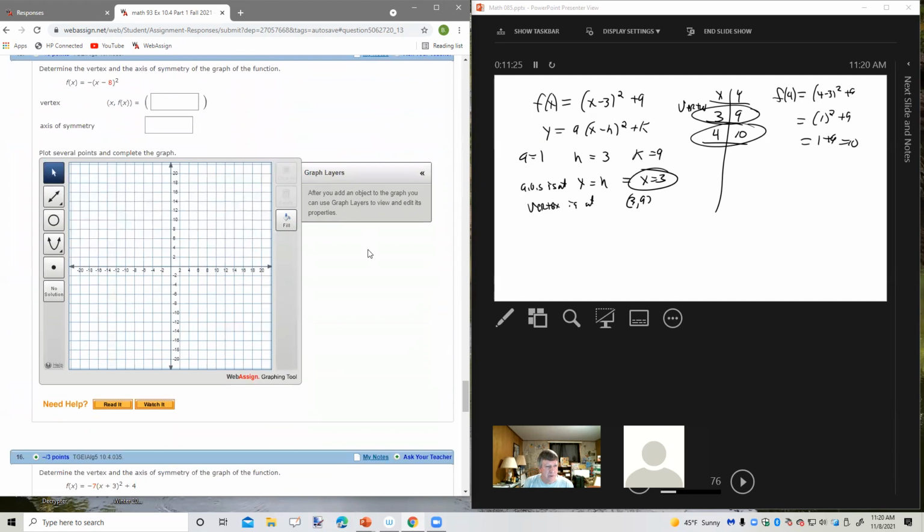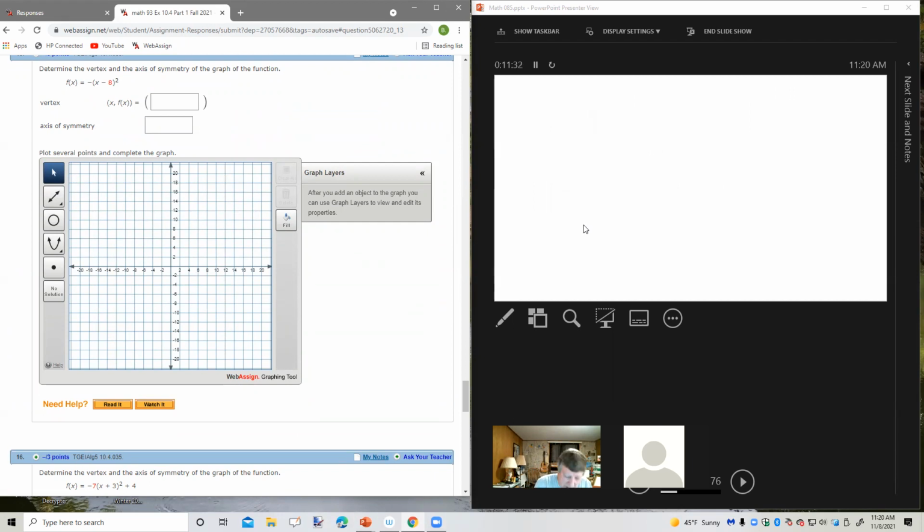Okay, let's take a look at another one. Let's do this one, all right? So we've got f(x) equals negative times the quantity (x minus h) squared. All right, so y equals a times (x minus h) squared plus k.